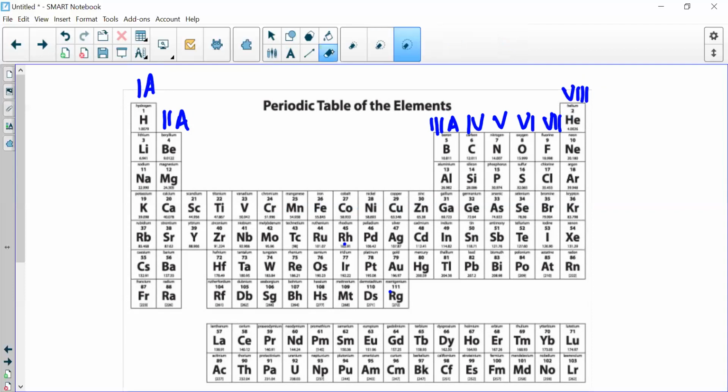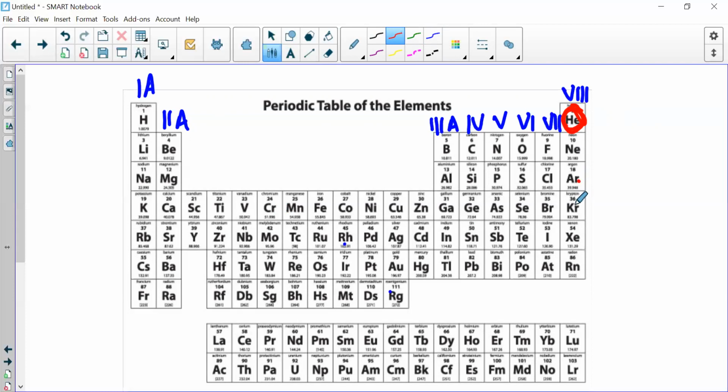Or you can rewrite that, of course, in just regular numbers. The number before the A tells you how many valence electrons those elements have, with one exception. What's the one exception? Helium. Helium does not have 8 because it can only hold 2. So helium has 2, but neon has 8, argon 8, and so on.